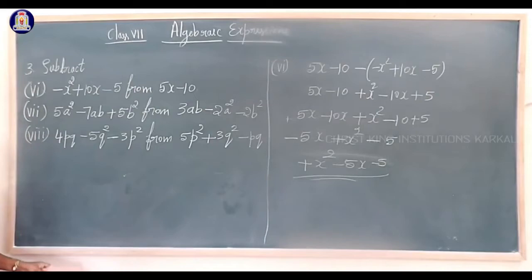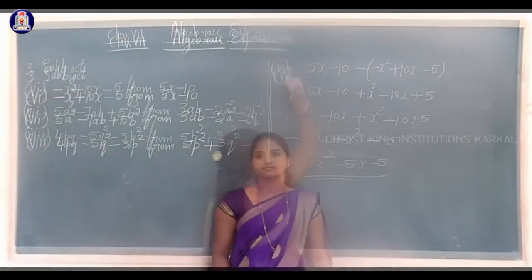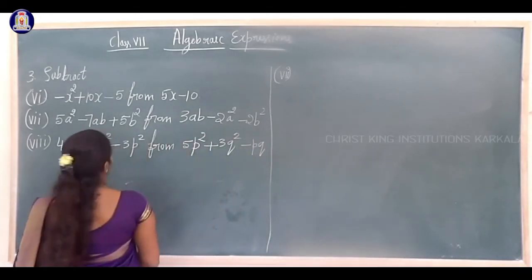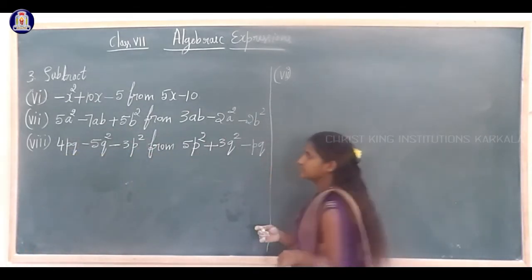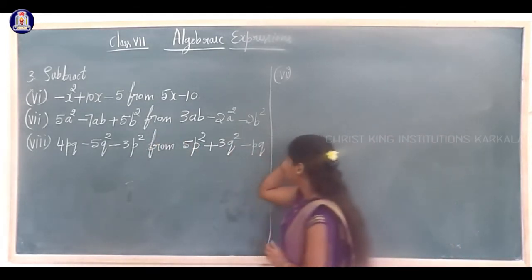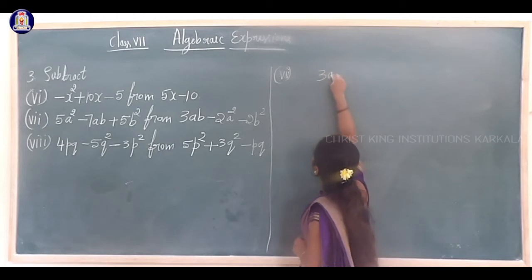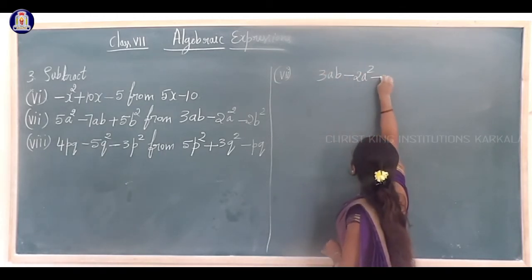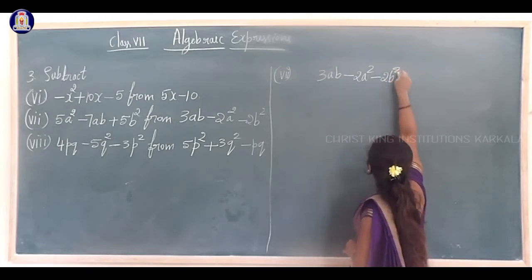So this is the sixth question, subtracting first term from second term. Okay, seventh question. See, 5a square minus 7ab plus 5b square. This you have to subtract from 3ab minus 2a square minus 2b square.